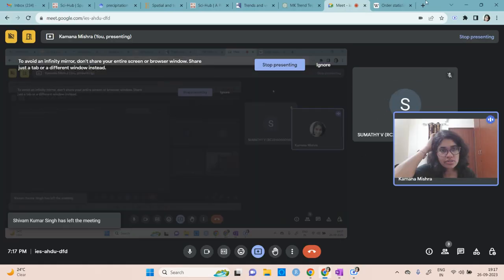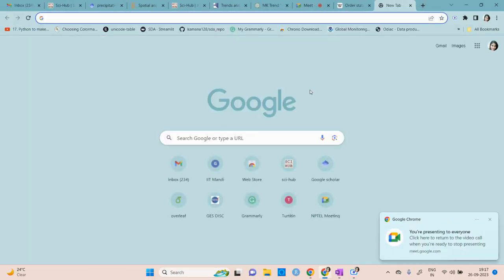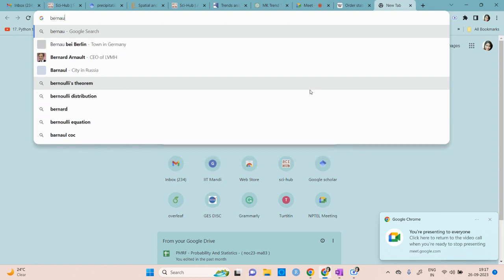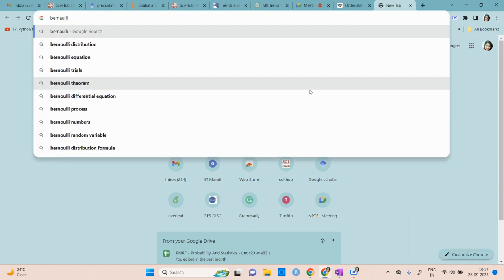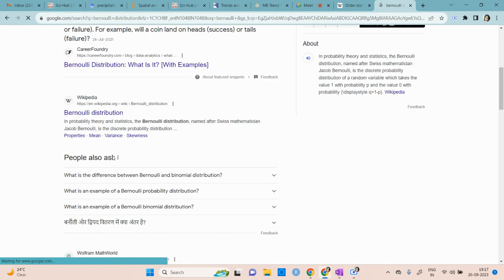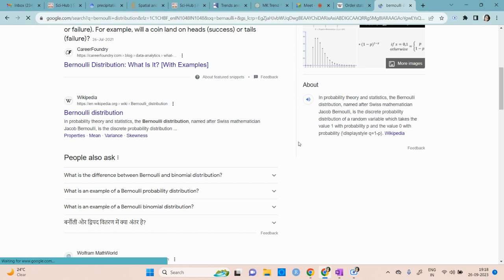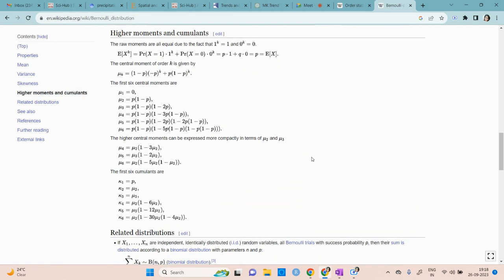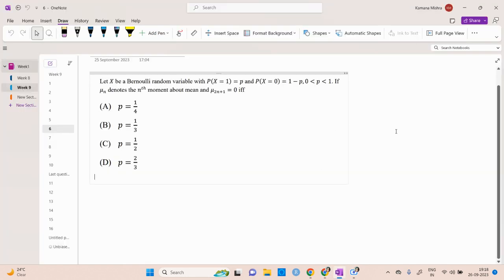You can just search for Bernoulli distribution, and here you have the formula. This one is mu k. So at k you have the formula. So we are going to apply this at mu 2n plus 1, right?